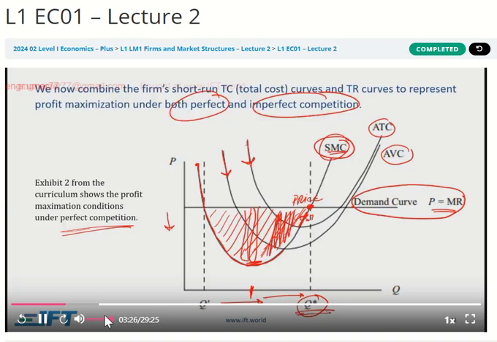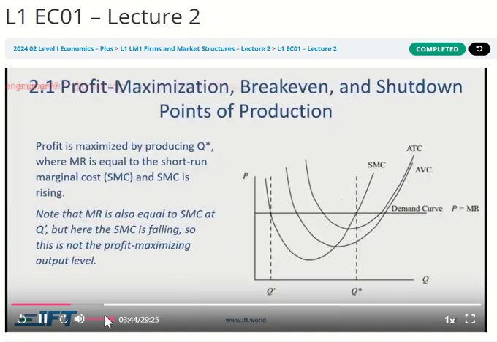up until this point, which is Q star. If you decide to sell beyond Q star, the cost will be higher than the price, and that obviously makes no business sense, to sell something which costs more than what you're selling it for, right?